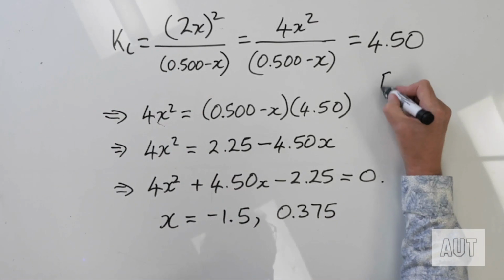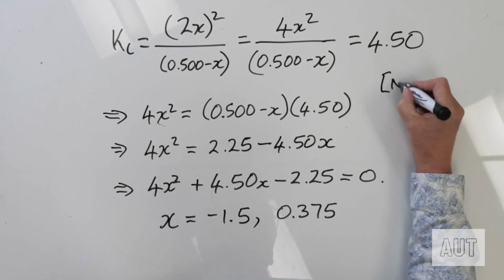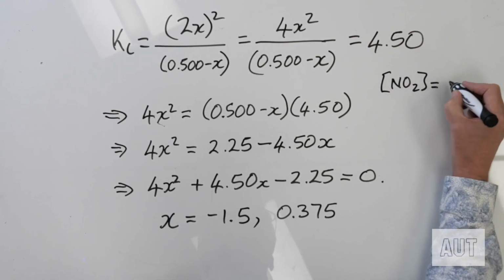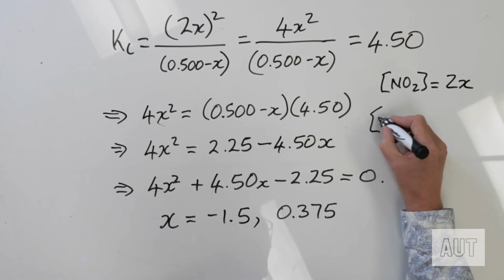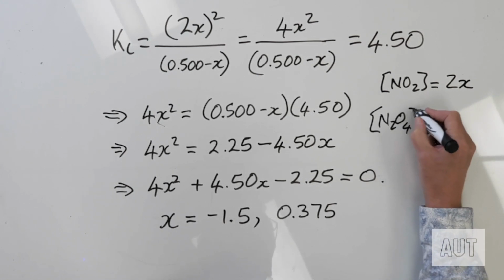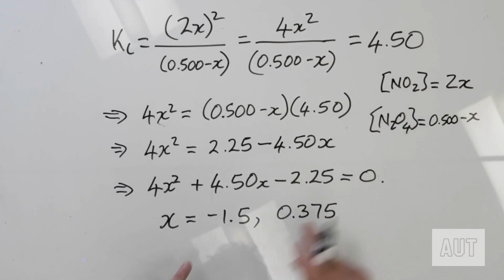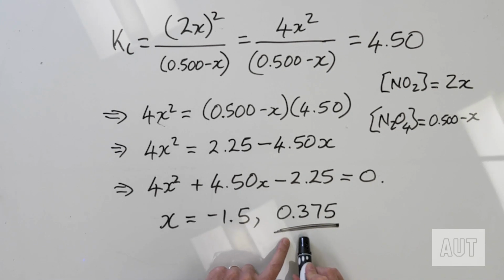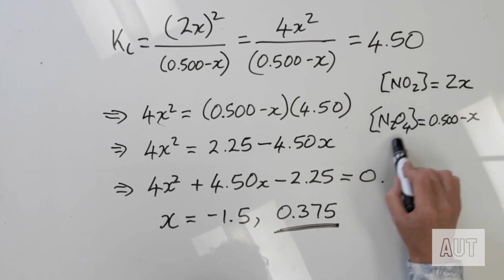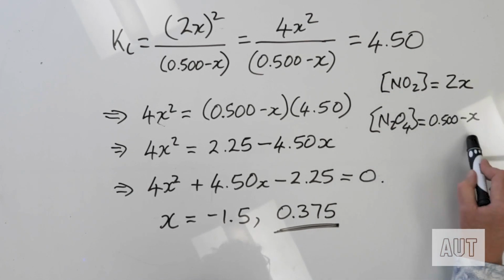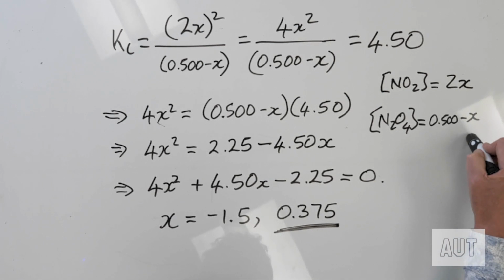Okay. Now, if you think back, remember we said that the concentration of NO₂ was equal to 2x at equilibrium, and the concentration of N₂O₄ is equal to 0.5 minus x. We know what x is now. We've solved our quadratic equation for x. And so now, all that we need to do to find the equilibrium concentrations is to put x into those two expressions, okay?